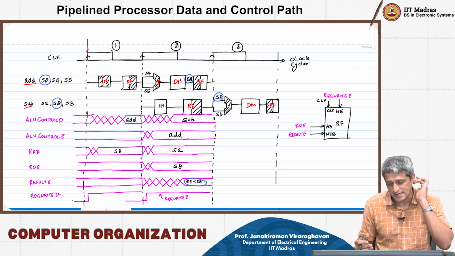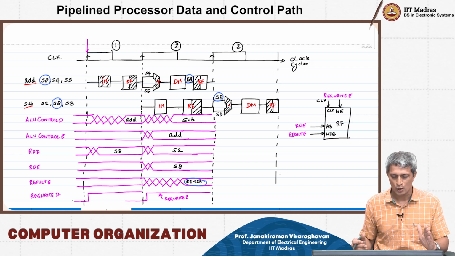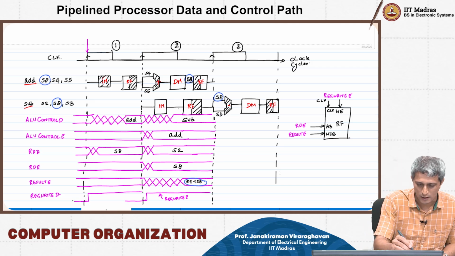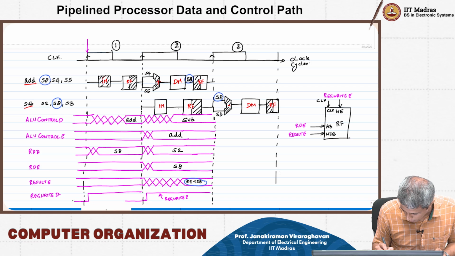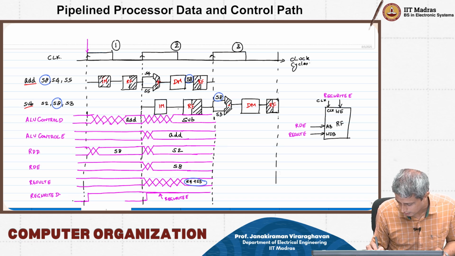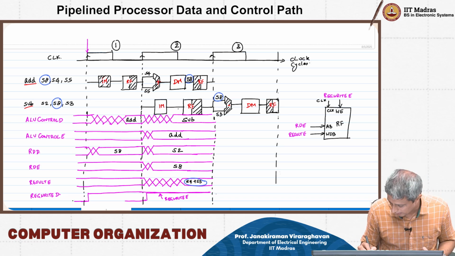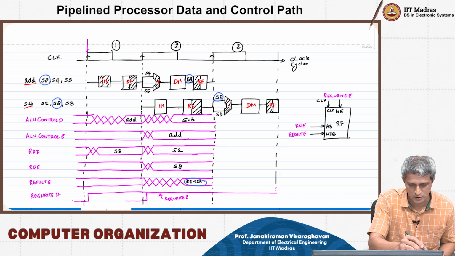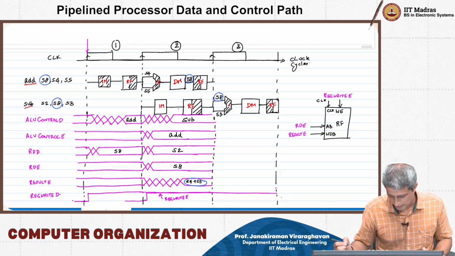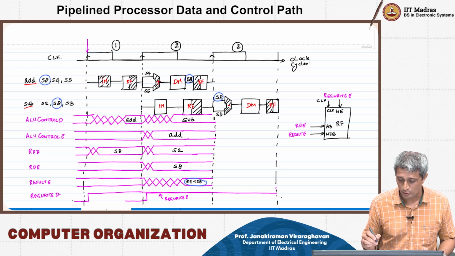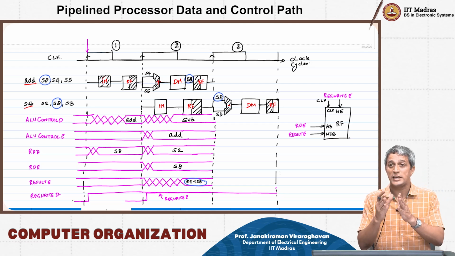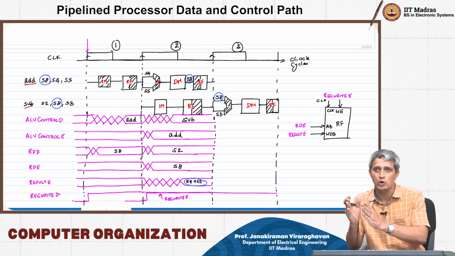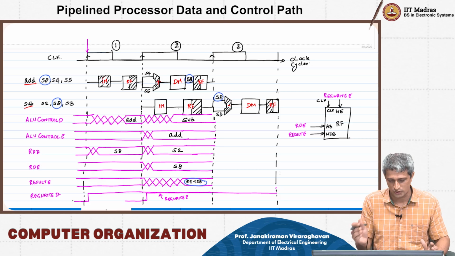So only the D signals will get set correctly, right? The reg write D, for example, here will continue to be high because it's an R type instruction. The reg write E will continue to be high again in the next cycle. So now let's populate all the E signals, that is, in the execute phase for the second instruction, right?